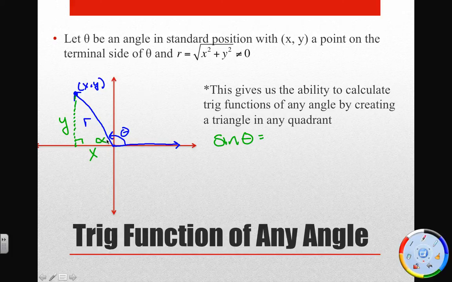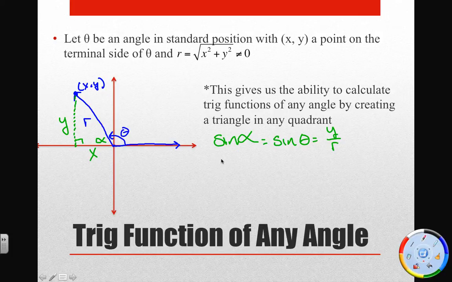Let's call this alpha because I don't want to confuse us here. Sine of this angle alpha is actually going to equal the sine of theta because it's the same terminal side. And we know that sine of alpha is opposite over hypotenuse, so it's going to be y over r.